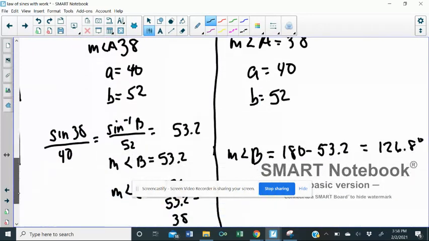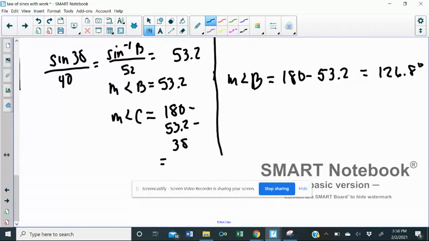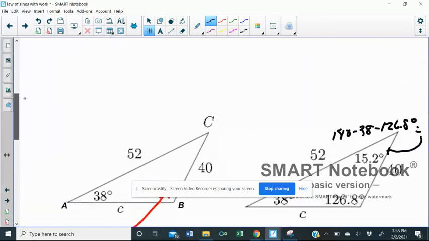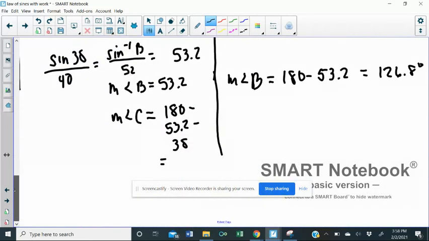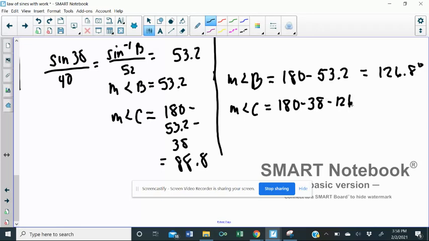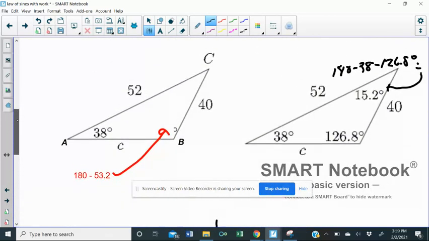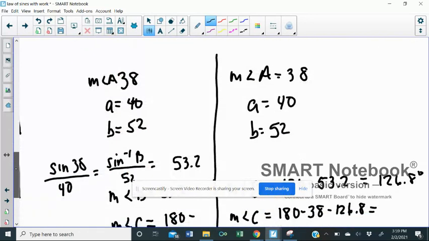Now see if I could erase this, it would be so much better, right? Oh, 53.2. No, I'm good. Sorry guys, I'm totally messing things up here. Your C up above here was 88.8. Okay, now your new angle C here is 180 minus your 38 minus your 126.8. And that's going to give me a very tiny little angle of 15.2.